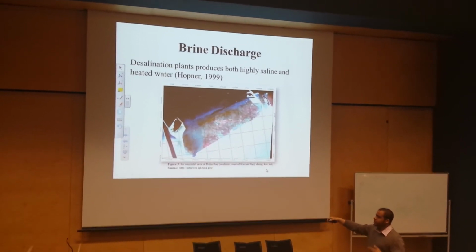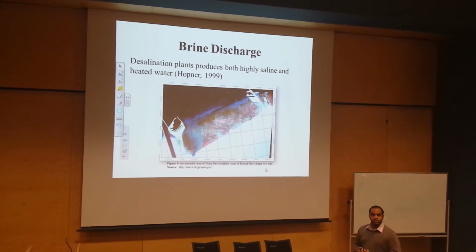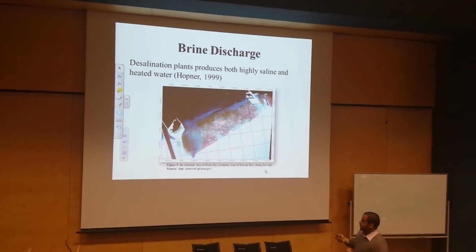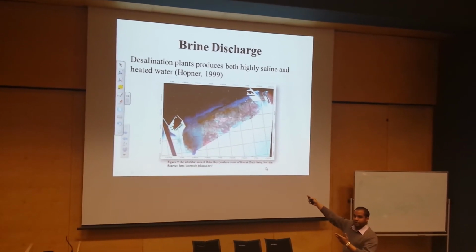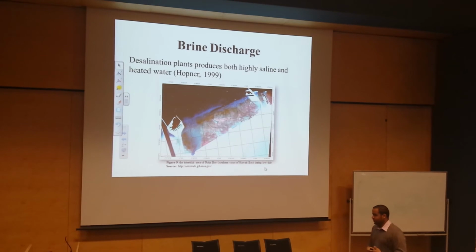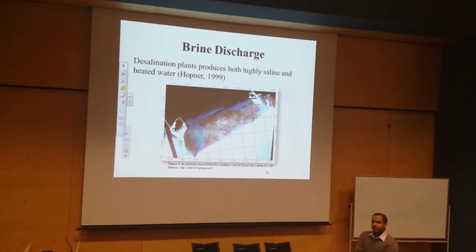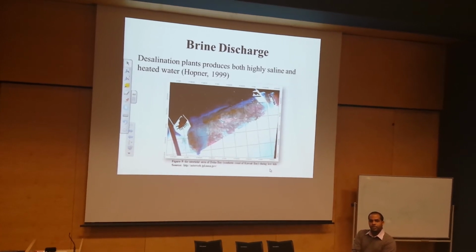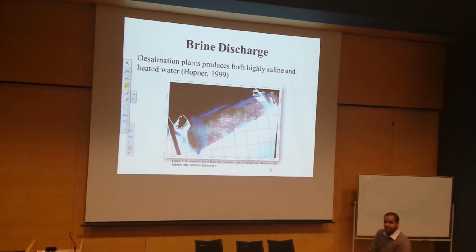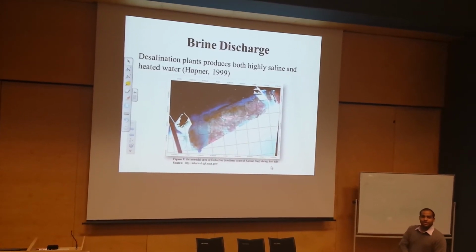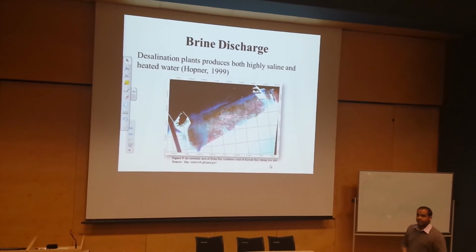We don't see any red color here because it is killed by the brine water. Okay? So in this case, this is one desalination plant. But we have approximately 200 desalination plants in the Arabian Gulf, and imagine what can be destroyed by this huge salinity increase.